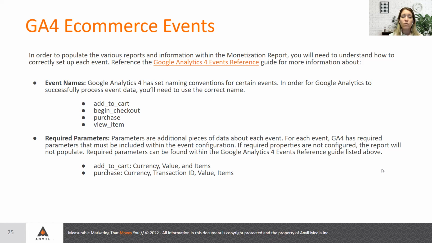For purchase, again, we have currency as a required parameter, but in this case, we also have the transaction ID as a required parameter, and then also, similar to add_to_cart, we have value and items. So each e-commerce event will have its own set of required parameters that you must implement in order for the data to populate correctly within Google Analytics 4.